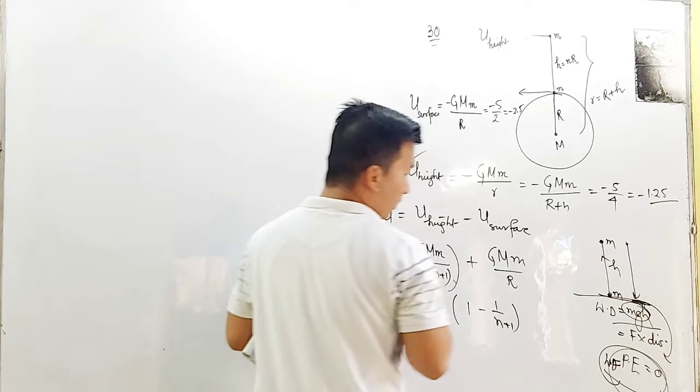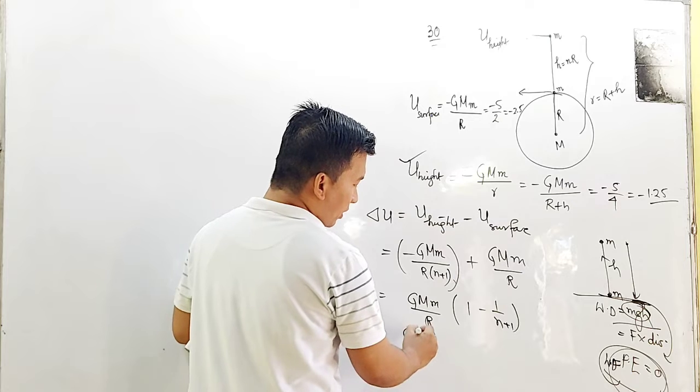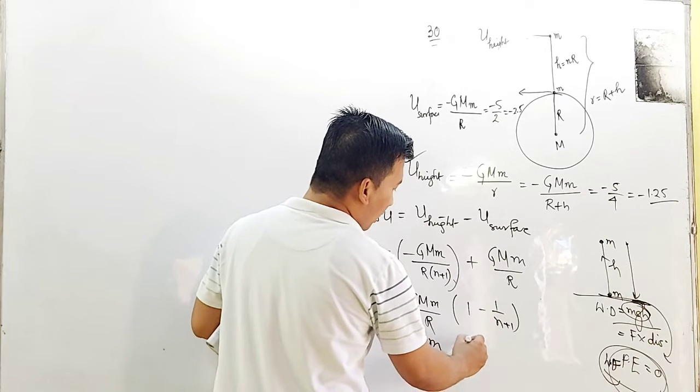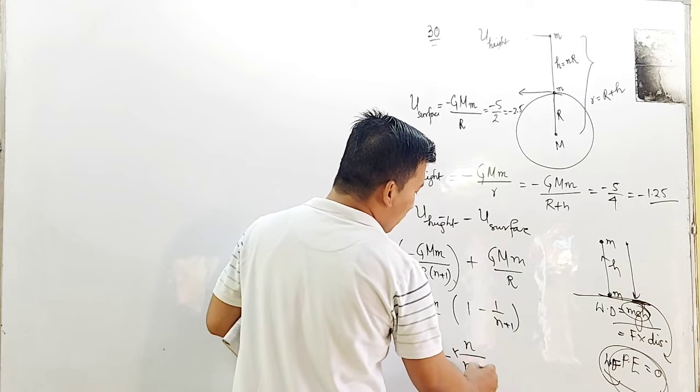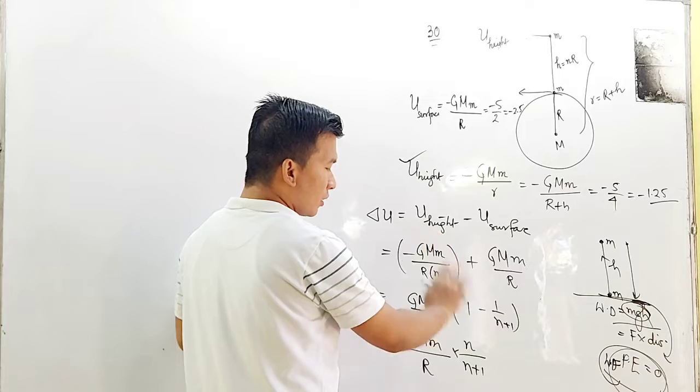Finally we get our answer: G capital M small m divided by r into n divided by n plus 1.